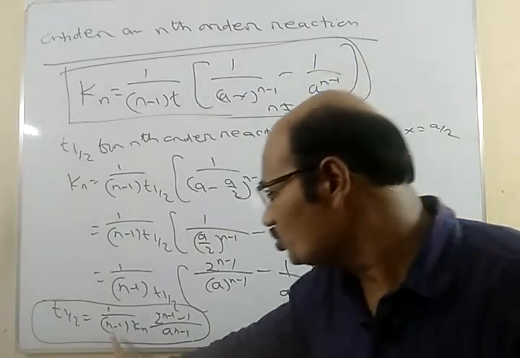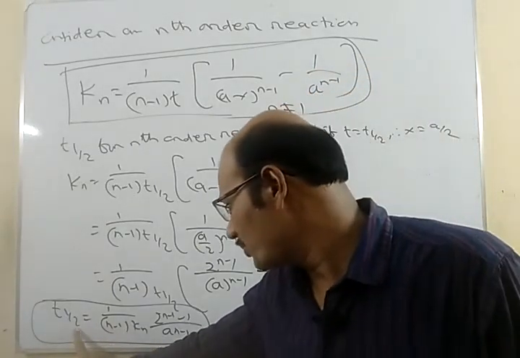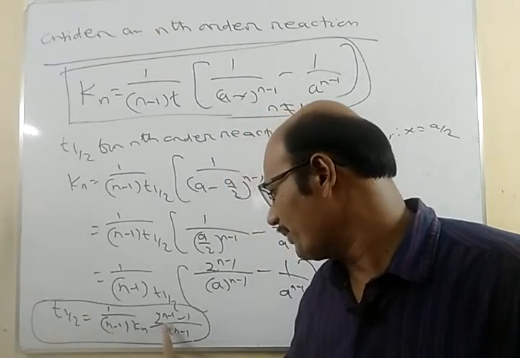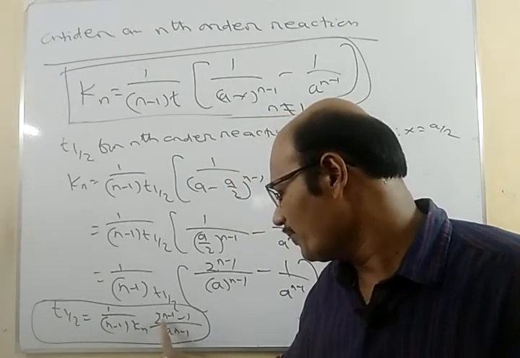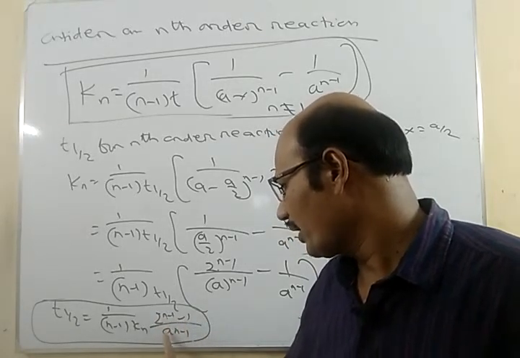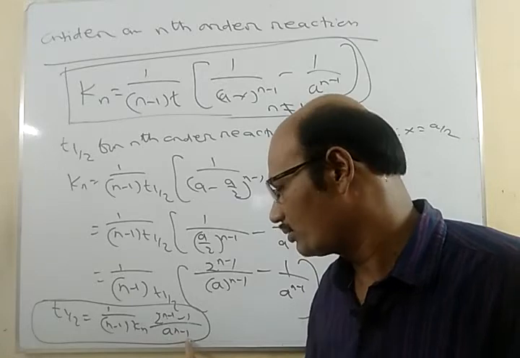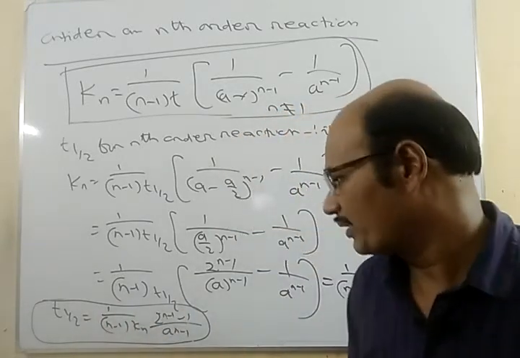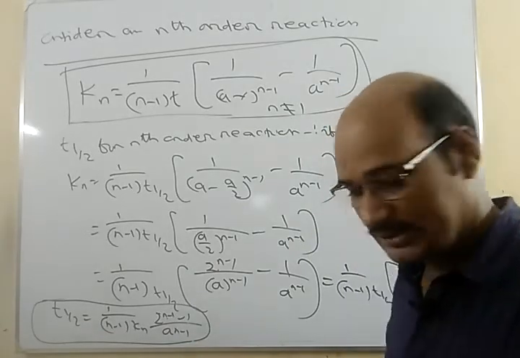Now if you put n equal to 0 here, then t half equals 1 by 0 minus 1 into k into 2 power 0 minus 1, so 2 power minus 1, minus 1, and again a power 0 minus 1. So it becomes t half equal to a by 2k. Okay, let's see the test.